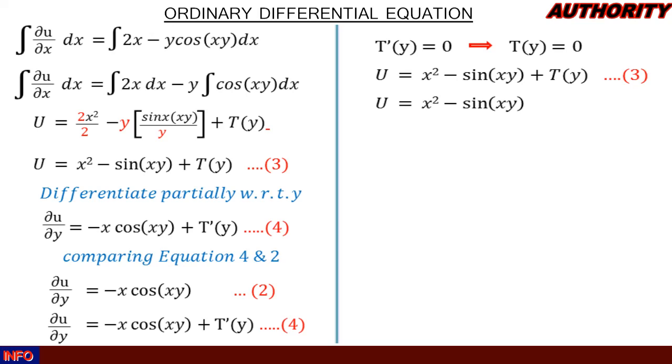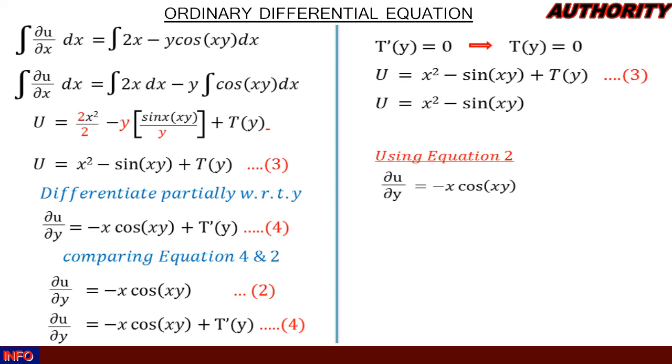All right, good. Now, I promised you to use the two equations and see if we obtain the same result, and I just used equation 1. Let's also take the other route, that is using equation 2. In equation 2, we have the partial derivative of u with respect to y is equal to minus x cos xy. We are looking for the function u of x comma y such that when you differentiate it partially with respect to x, it gives you m, and with respect to y, it gives you n.